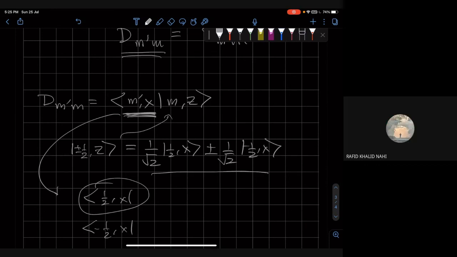No, sir. Because the inner product of this thing and this thing will be 0, but the inner product of this guy and this factor is 1, and therefore the inner product of this and this will be 1 over square root of 2. What about the inner product of this and this?